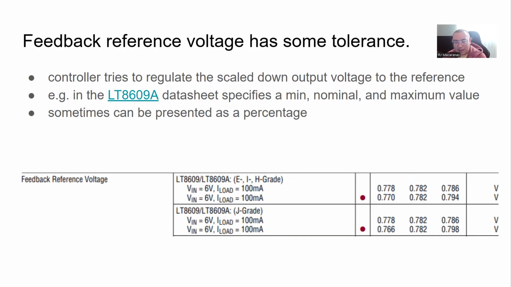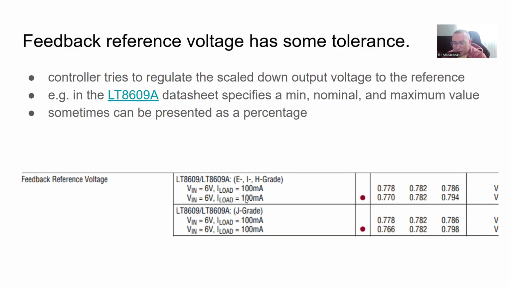And we compare that scaled down voltage to the reference. Depending on that error signal, we generate our PWM, right? If we're too low, maybe we need to increase the duty cycle. But if we're too high, we decrease the duty cycle and so on and so forth. In this case, they've represented the reference voltage tolerance as a range of values, right?